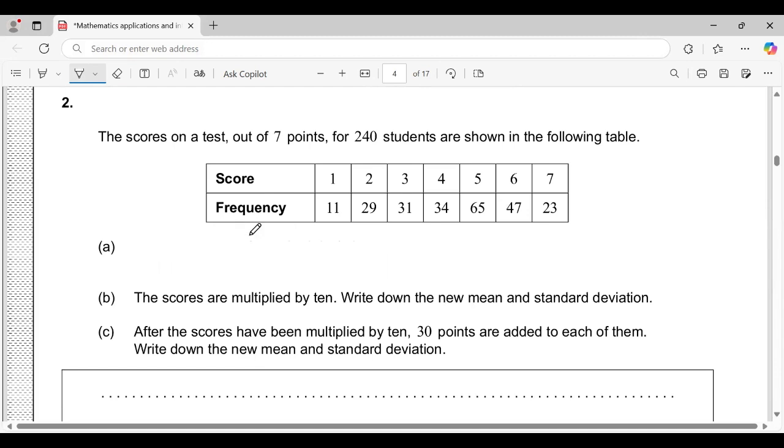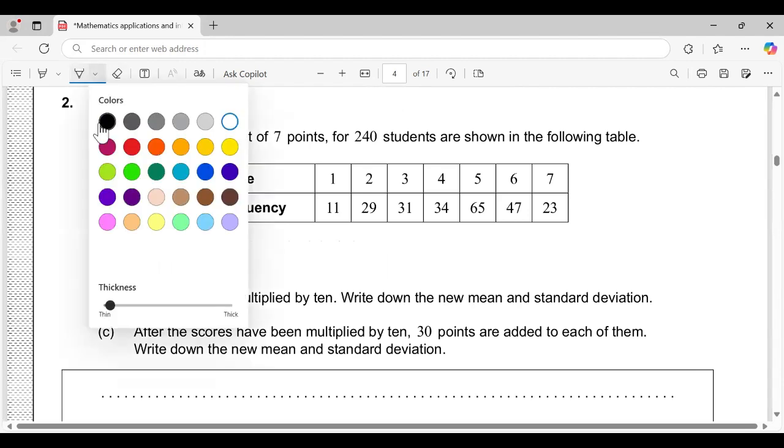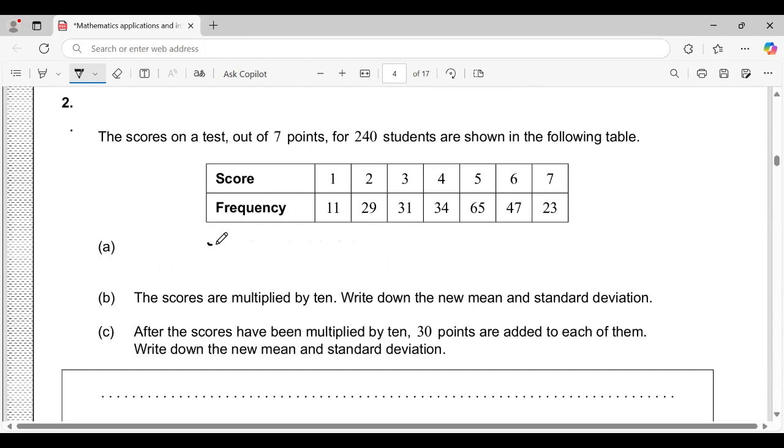For the first column, if the score is x and the frequency is f, I would like to add f times x. 1 times 11 is 11. 2 times 29 is 58. 3 times 31 is 93.